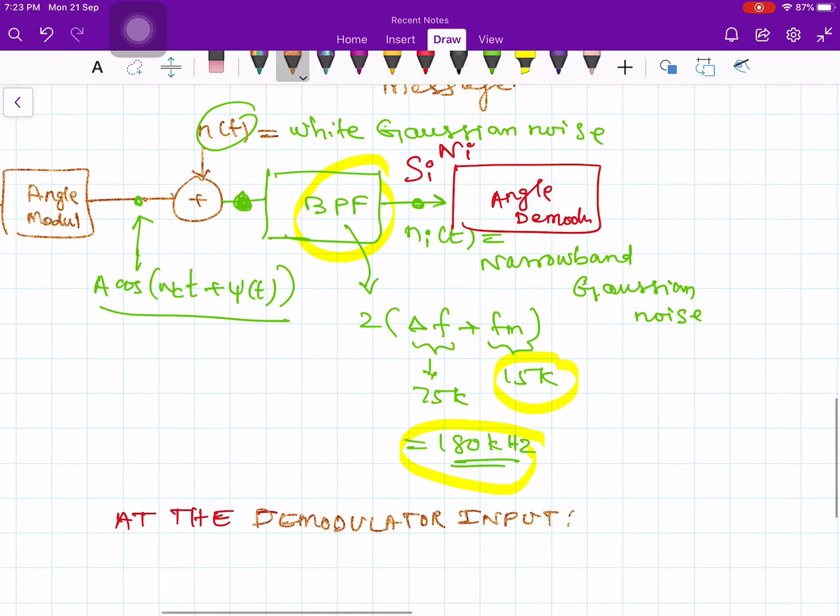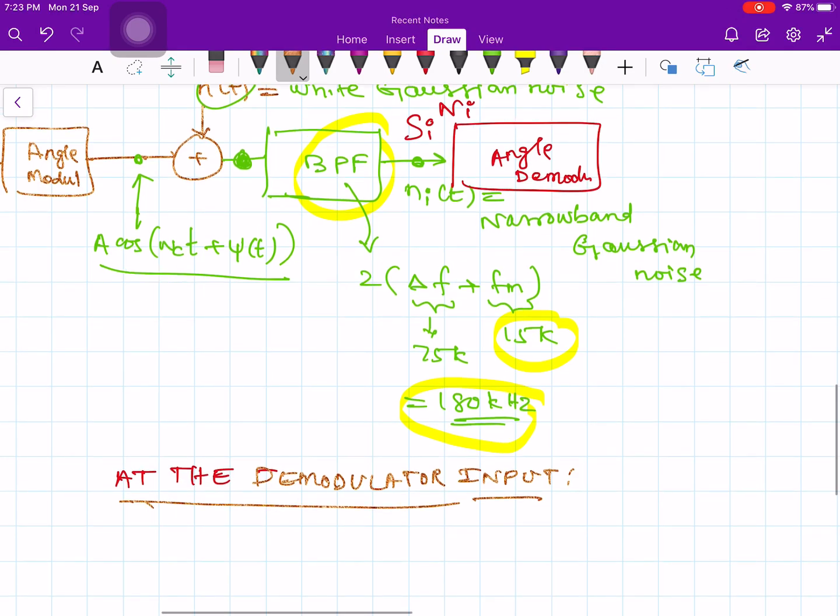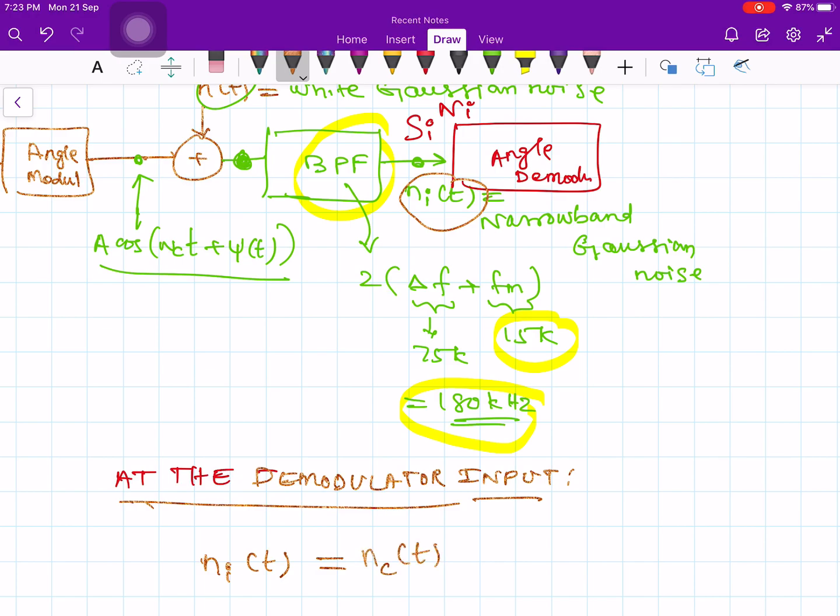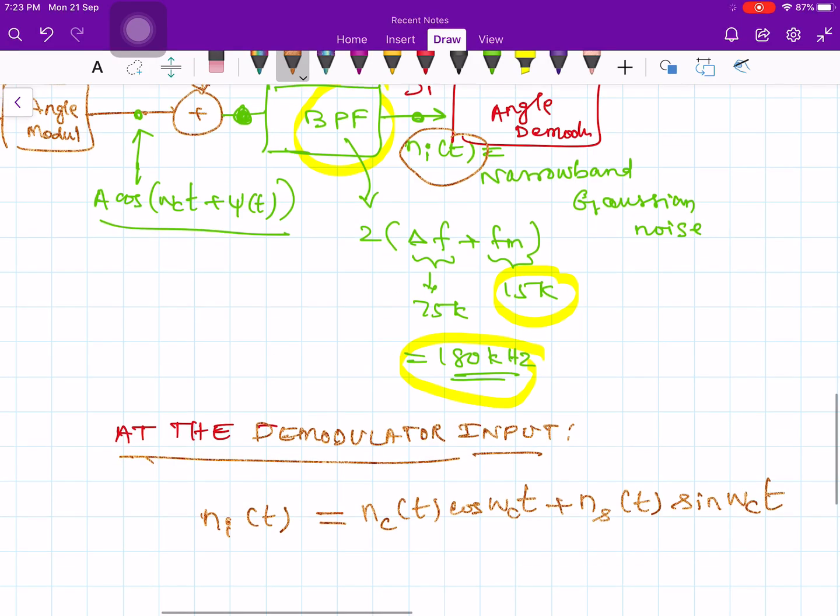I am sending this ni of t. What is ni of t? Narrow band Gaussian noise. This narrow band Gaussian noise can be written in terms of in-phase and quadrature phase components: n suffix c of t times cos of omega ct plus n suffix s of t times sin of omega ct. And here this suffix i refers to the input to the demodulator.